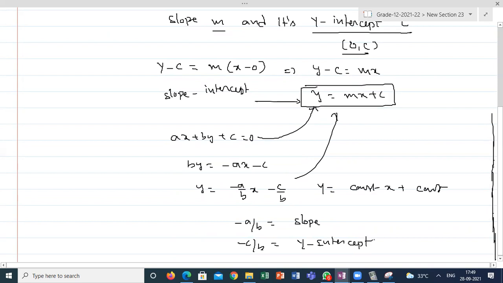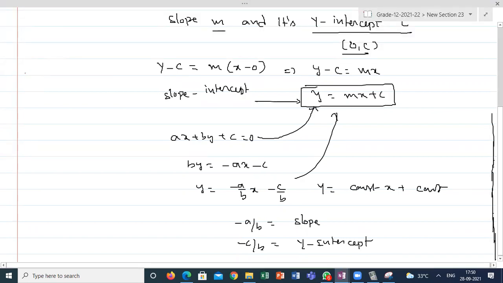Like this, you can identify what is the slope and y-intercept if the equation is given, or if I'm giving y-intercept and slope, then you can write the equation straight away. How can I ask one question based on this?